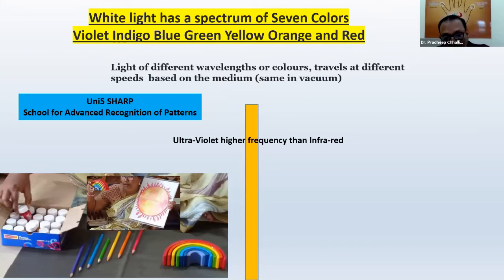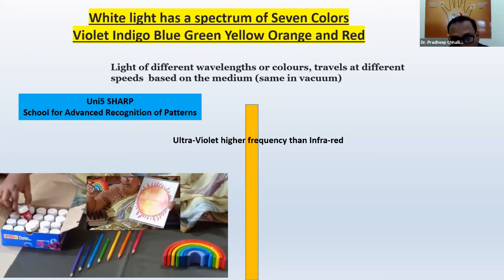Then there are 7 pencils in the 7 colors of Vibgyor, arranged in descending order, and they also have color paints. This gives the student, even from 1-year-old or 2-year-old onwards, the idea that not only are there 7 colors, but the colors have different speeds.